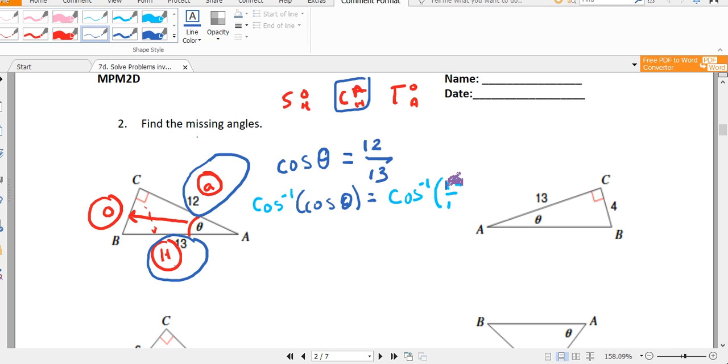Essentially, cos inverse will cancel out my cos. Okay? By canceling them out, I'm just left with theta equals whatever this is.